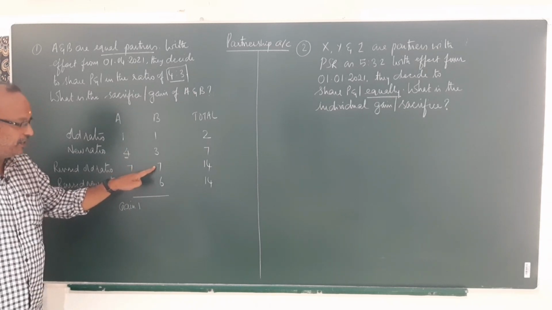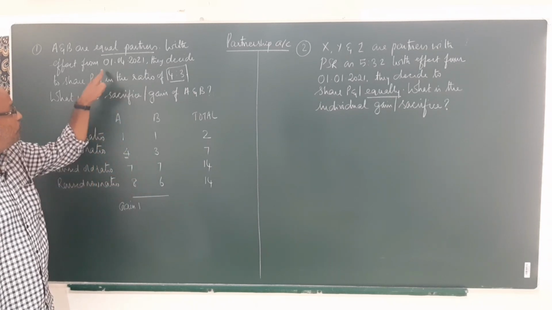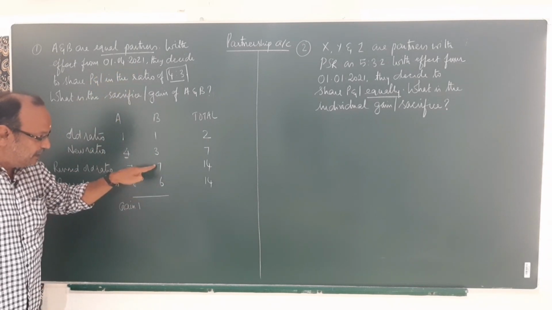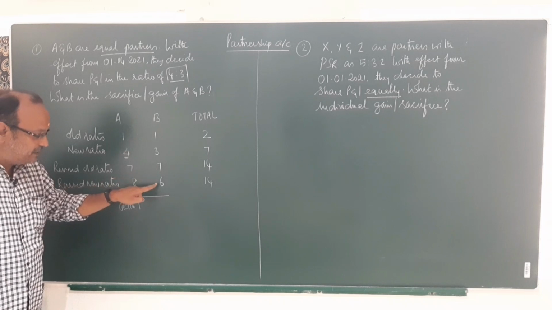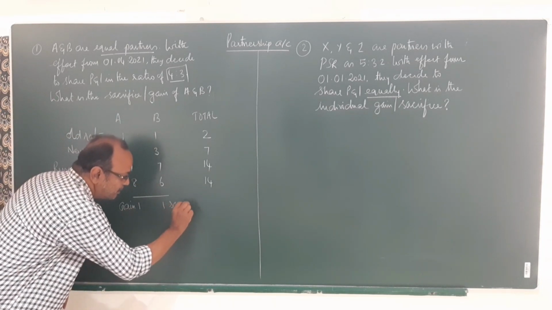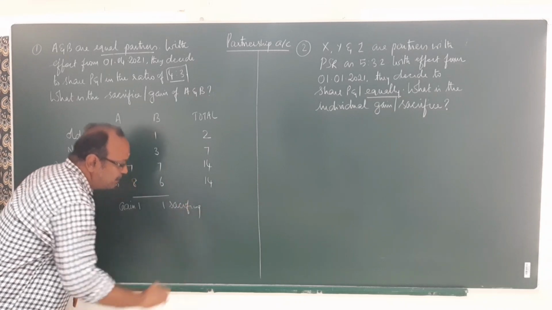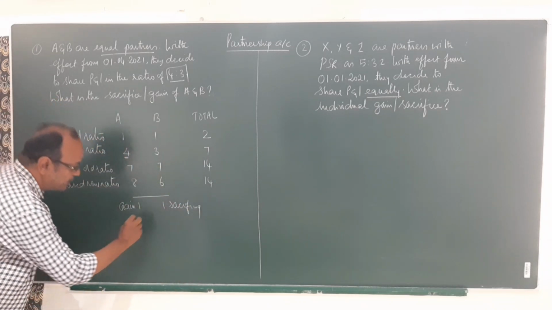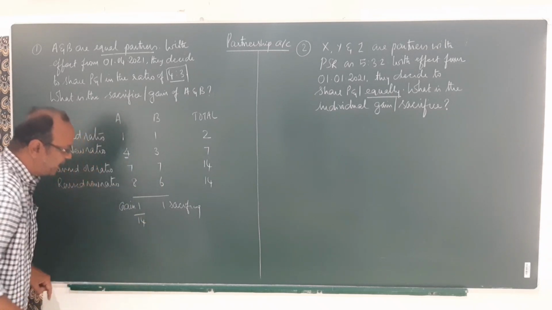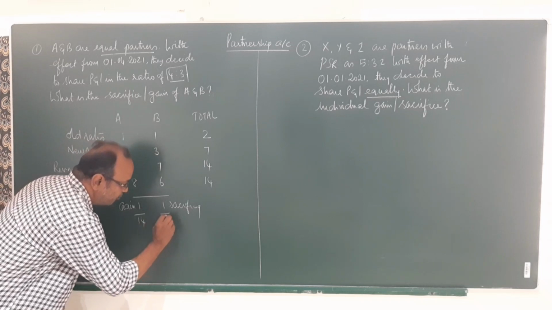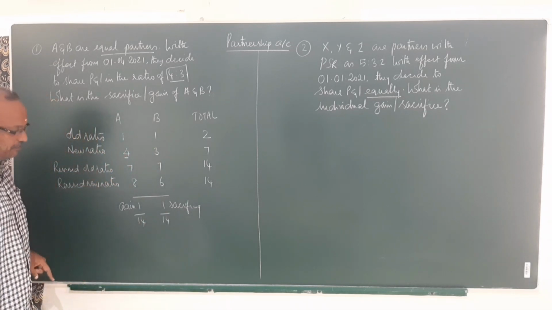With effect from 1/4/2021, he will be getting only 6. So he is sacrificing 1. 1 out of what? 1 out of the new total. 1 out of 14 is a gain of A and 1 out of 14 is sacrifice of B.